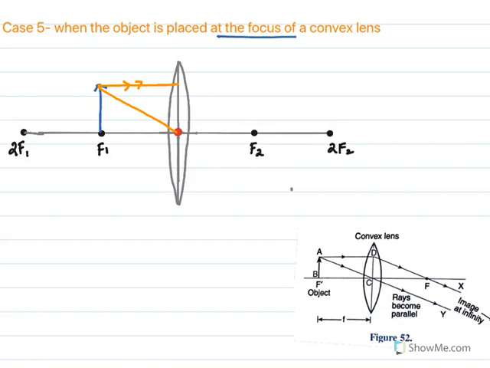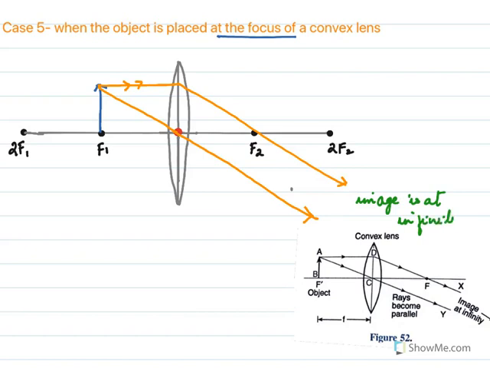The one that is going parallel after refraction will pass through the focus, and the one through the optical center also will go undeviated. Now if you see, these rays do not meet, they are parallel to each other. So we imagine that the image is formed at infinity, because the rays are not meeting.